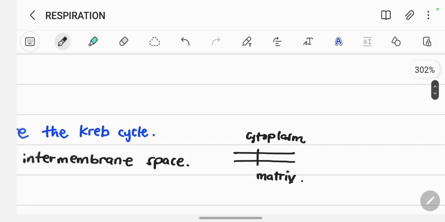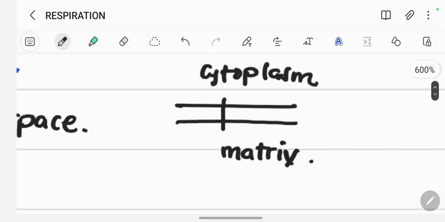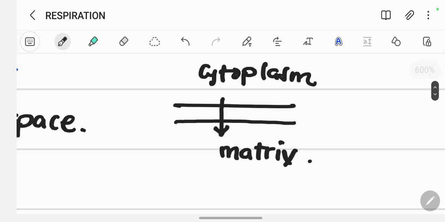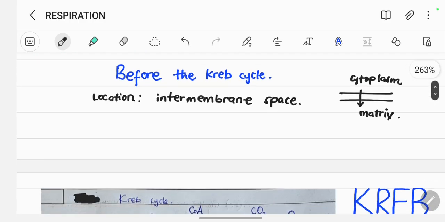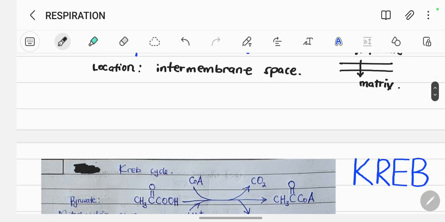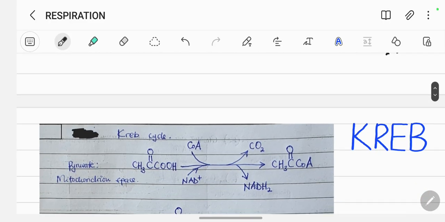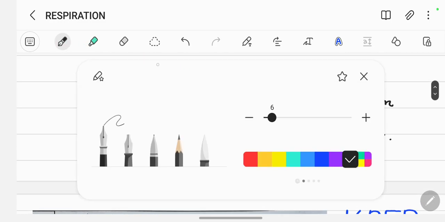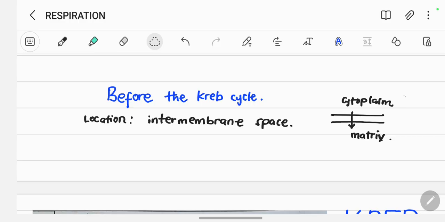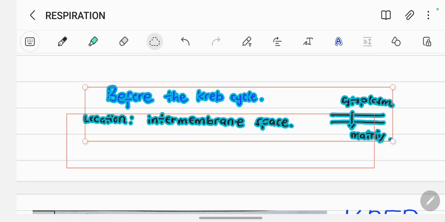As you move from the cytoplasm to the matrix, we have to first convert our pyruvic acid, or the pyruvate, to acetyl coenzyme A. So let me bring this close. I don't want to repeat stuff.